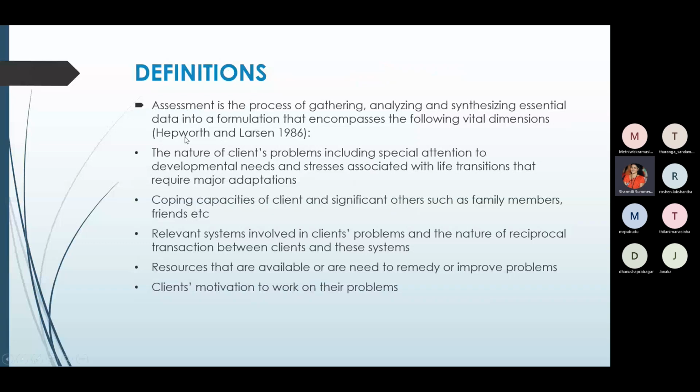These are some of the definitions related to assessment, because each scientist and researcher has developed definitions according to the idea they have. If somebody asks for a definition of assessment, you can use any one of them.